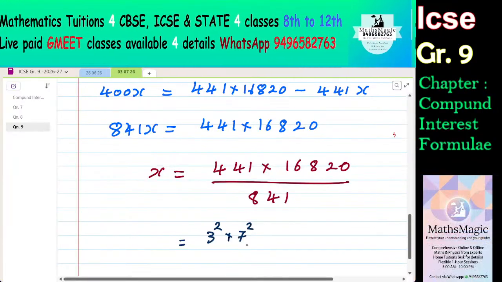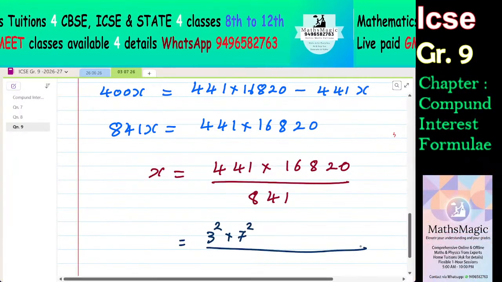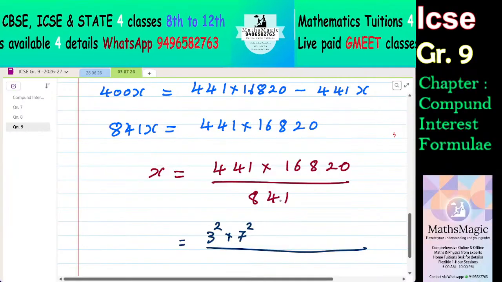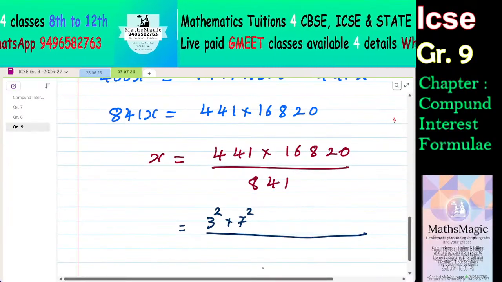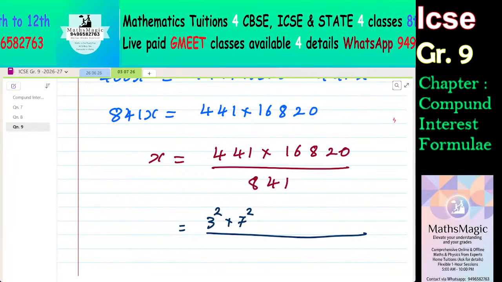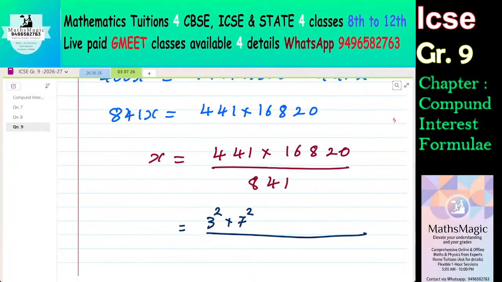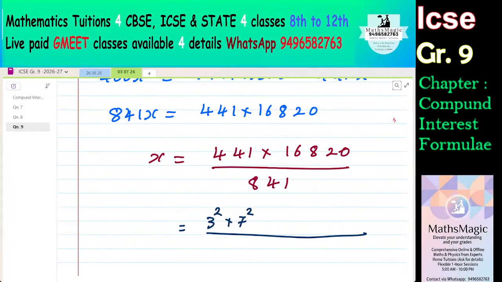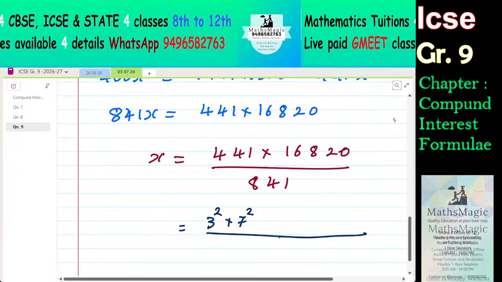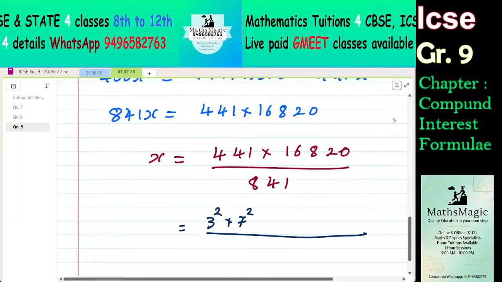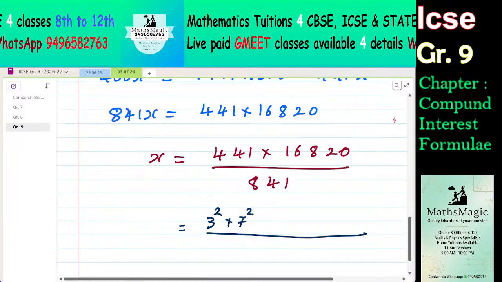This will help you in factorizing the other one. Yes, 841 is, stuck with the 841. Okay, you are not able to factorize 841. So use some logic.